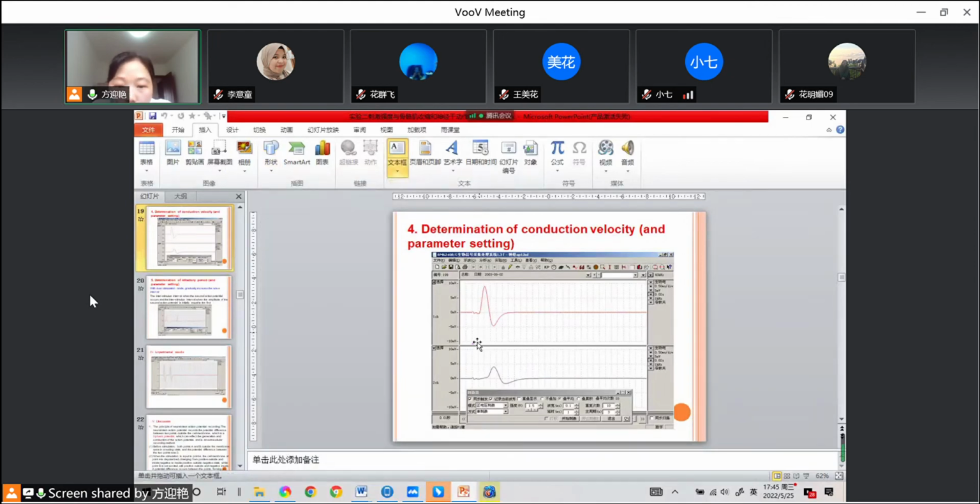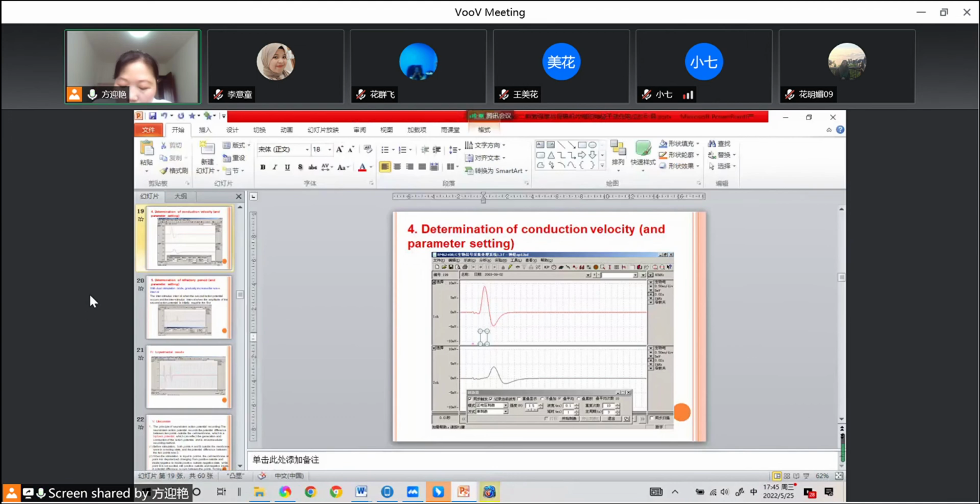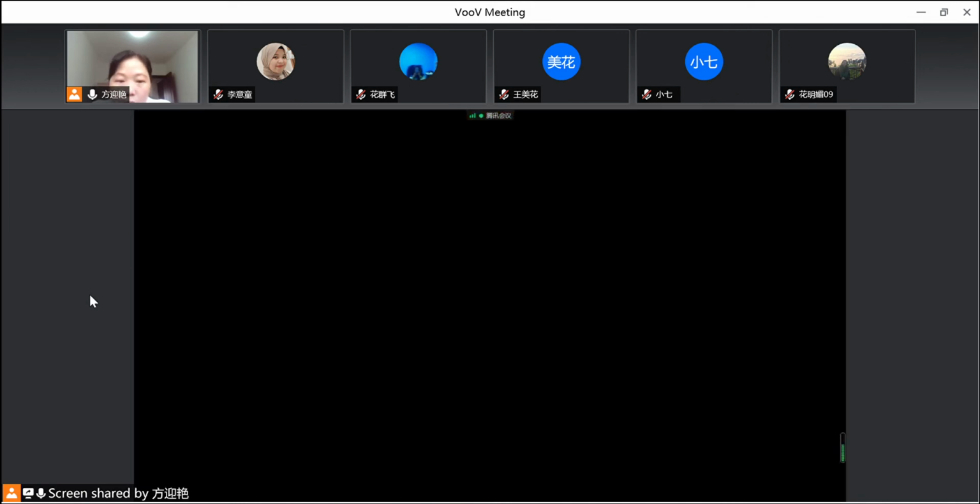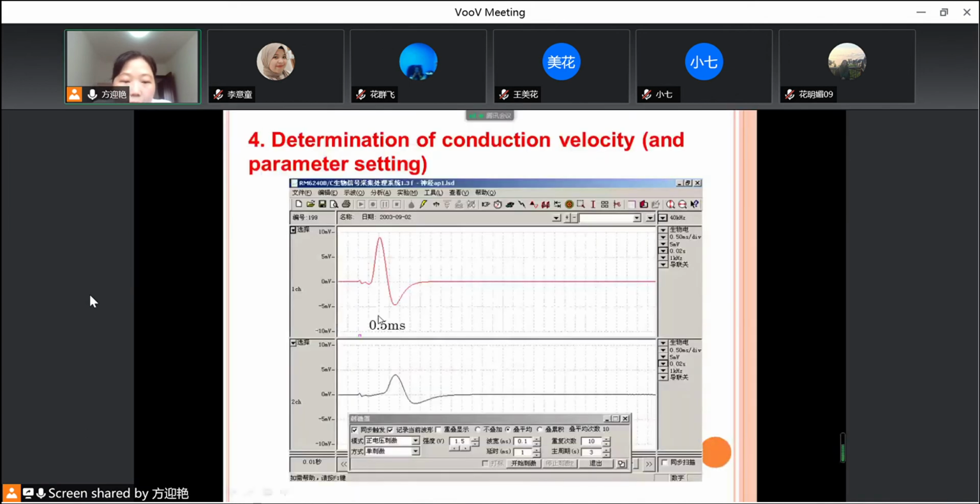I hope you understand that. You can see here that this one case means that the time is equal to 0.5 microsecond. Can you understand?